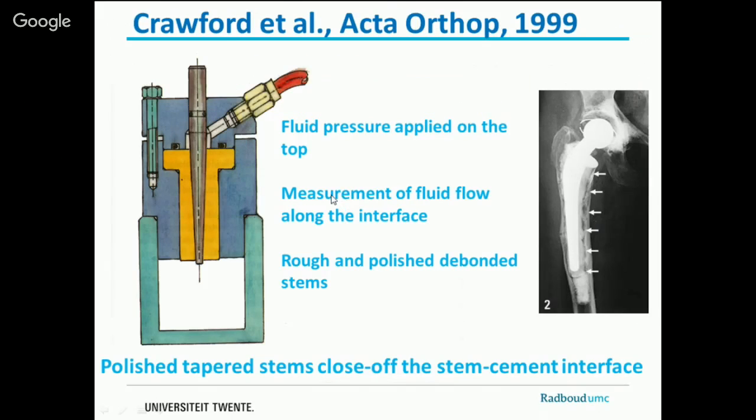Another aspect maybe of polished stems that could be very important is the fluid flow. And I will show you that. So this is an X-ray that we have seen before with the osteolysis, remember that? So you have to imagine that there are wear particles here due to the polyethylene wear. And if the wear particles want to move around, they want to move around where there is fluid flow.